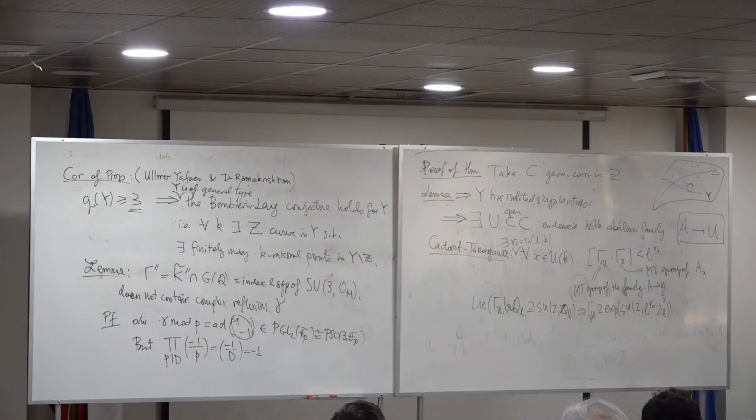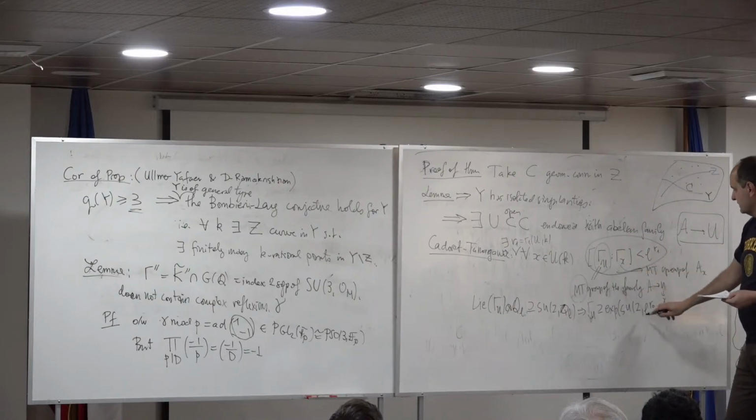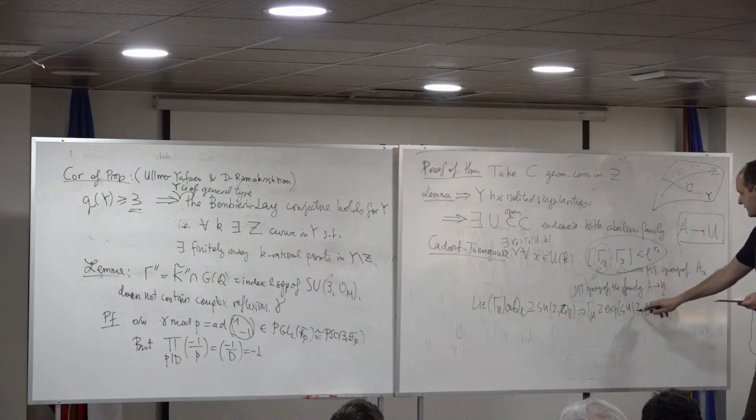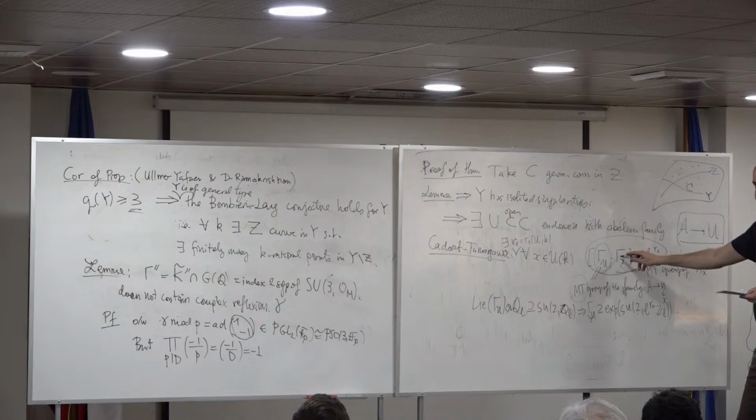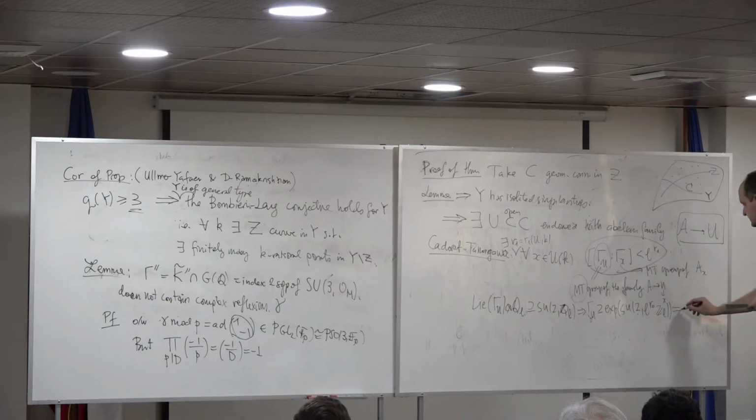And because this index is bounded, so that's an exercise, if you have a Lie group which contains a finite index subgroup of SL2 to some power over Z_l, this means that there exists some R1 such that gamma X contains the same thing with R1 here, the exponent of SU2 to the R1.